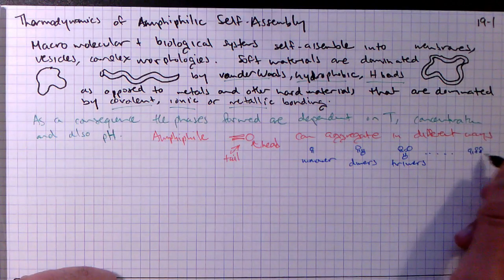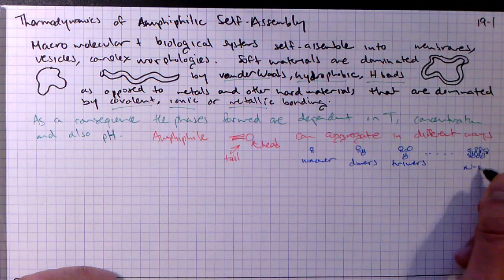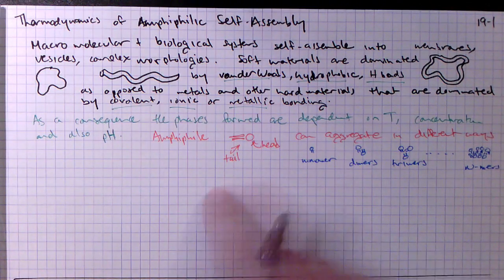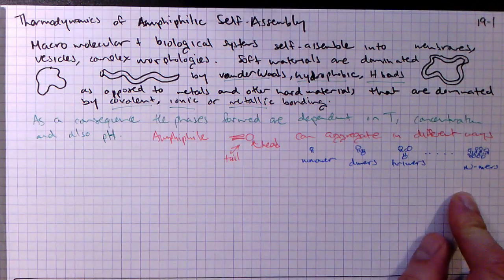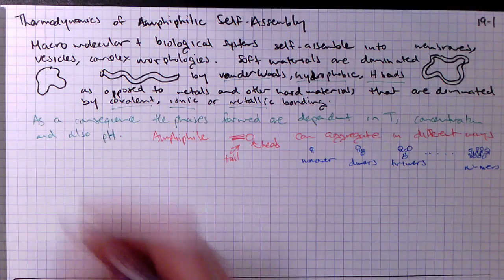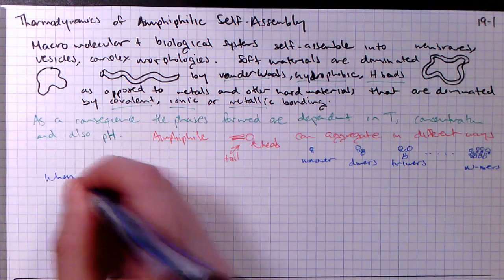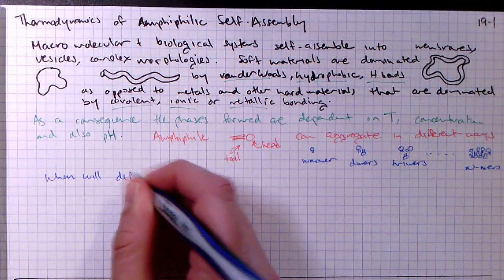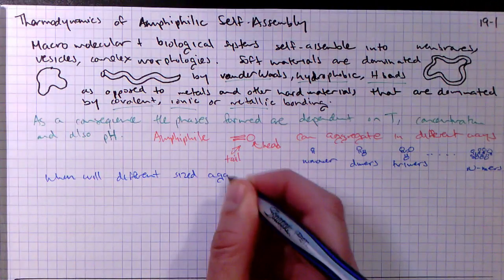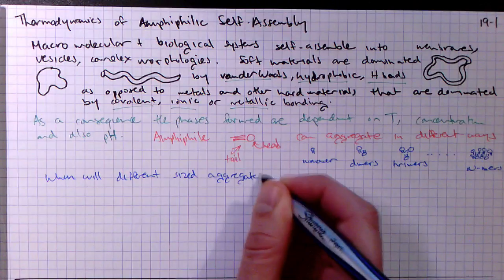So you could form some very complicated structure, so general N-mers, okay? And all of these are possible, and so what we want to know is under what circumstances will we have different size aggregates in our system? Right? So when will different sized aggregates form?